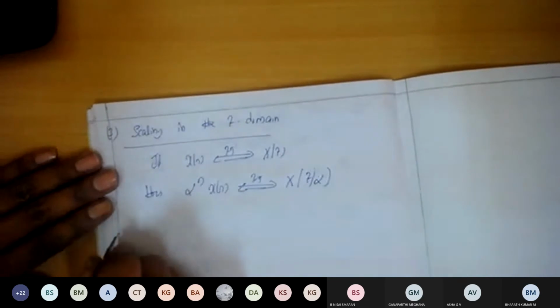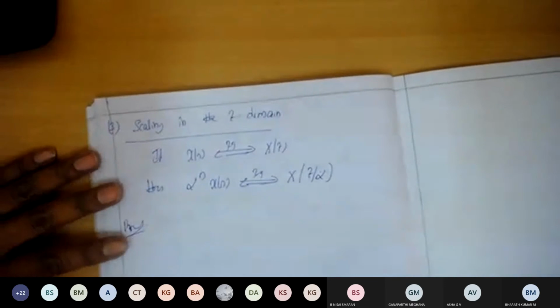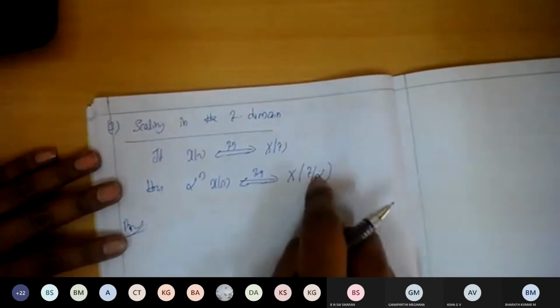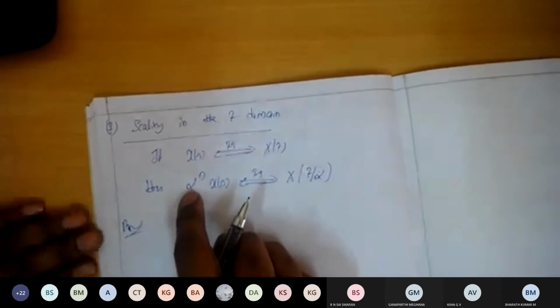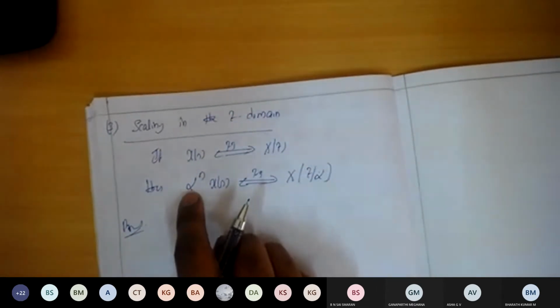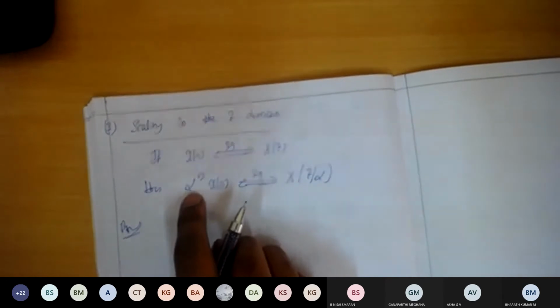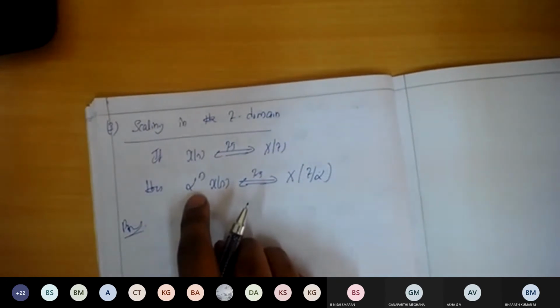This is the property called scaling in the z domain property. So in the z domain you scale by the scalar, and in the time domain you scale by alpha to the power of n.